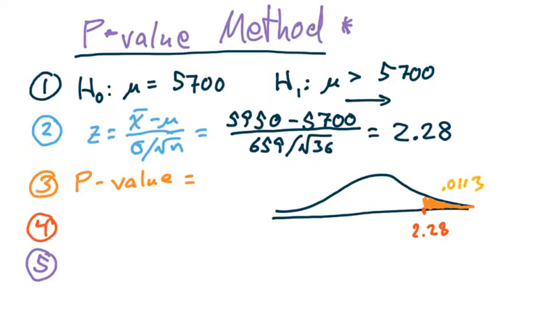That right there is exactly our p-value, 0.0113. And so here we had the same level of significance. Alpha was still equal to 0.05, and notice our p-value is less than alpha. This is less than 0.05.